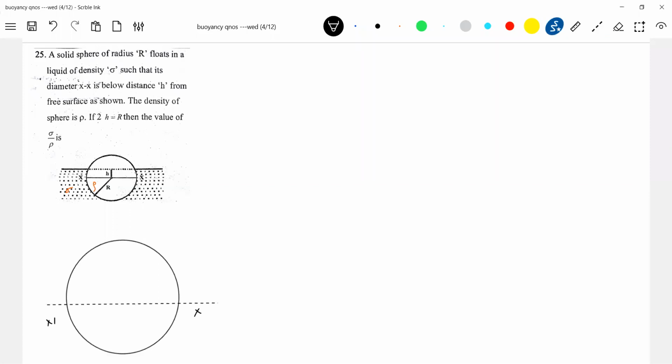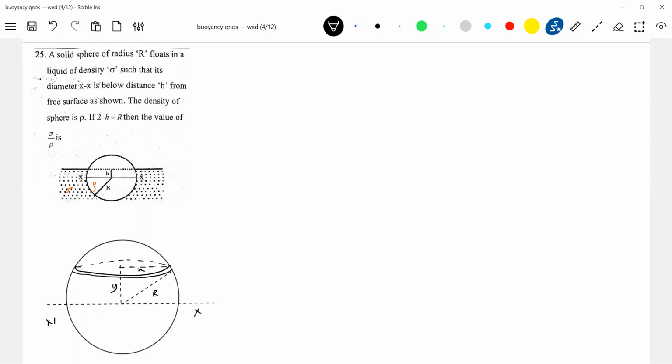Here I'll assume a circular disc. Let this be y, let this be r, let this be x.